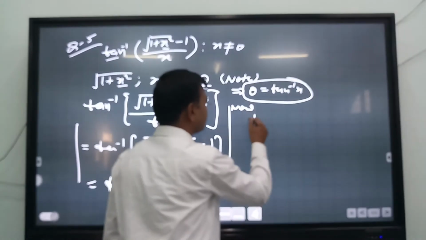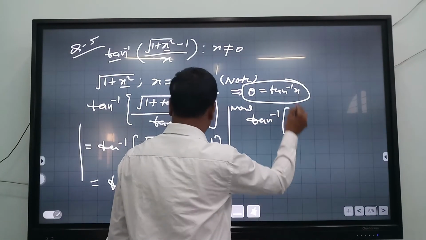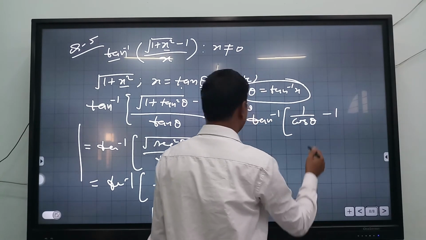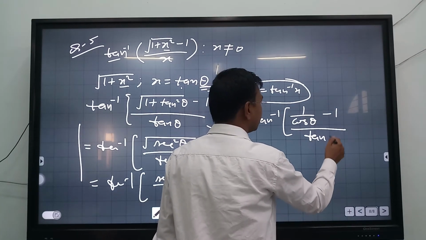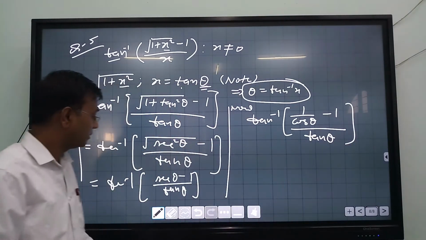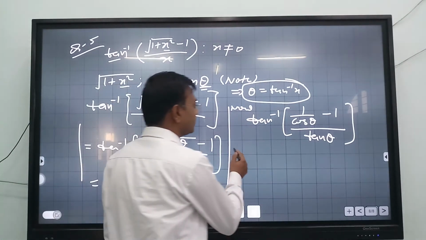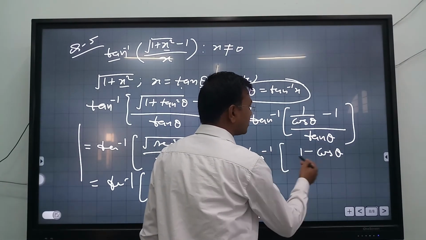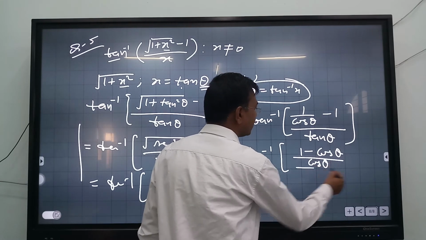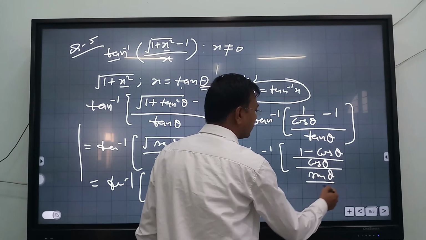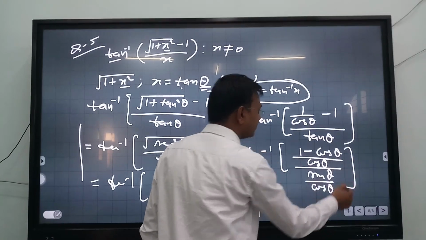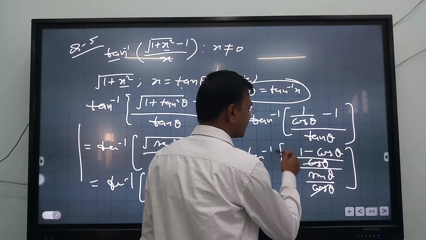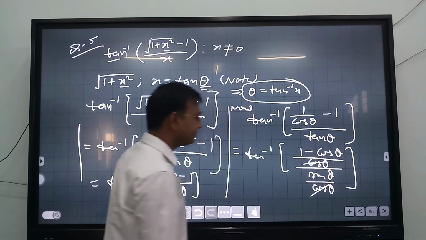So tan inverse of sec theta minus 1, meaning 1 upon cos theta minus 1, upon tan theta. Check, minus 1 is also there. Taking LCM, we get tan inverse of (1 minus cos theta upon cos theta), and tan theta is sin theta upon cos theta. Now this cos and cos cancel out.